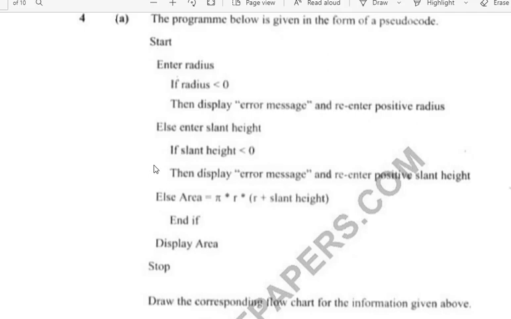So you should be familiar with flowcharts, and familiar with writing pseudocodes. Let us see how we can work on this question together. So we have start. Whenever you're dealing with start, you should remember that start and stop are symbolized by such shapes.